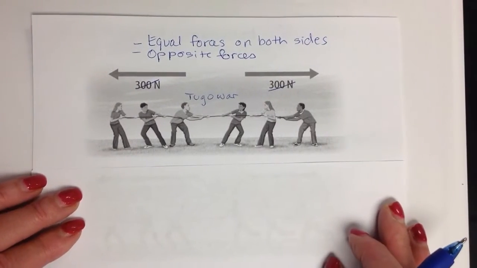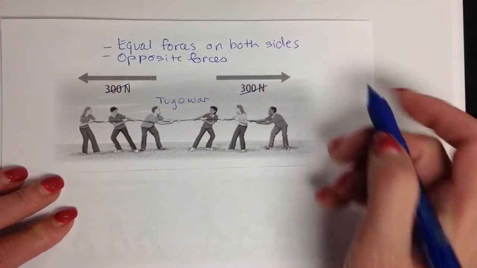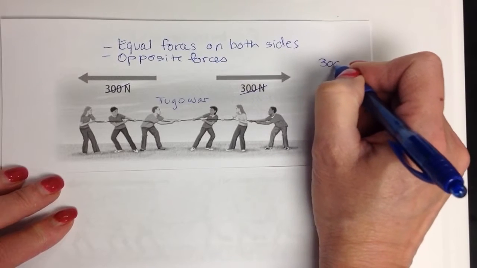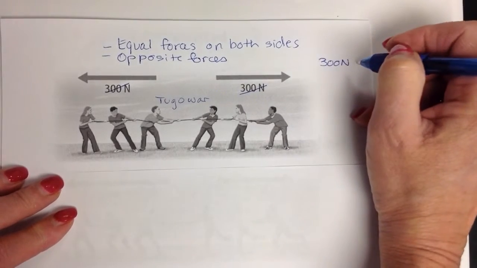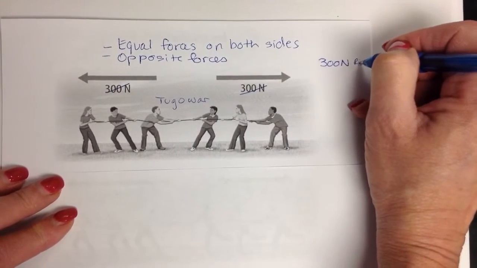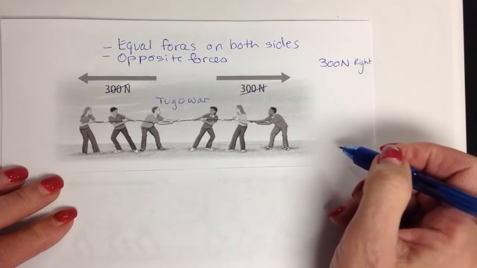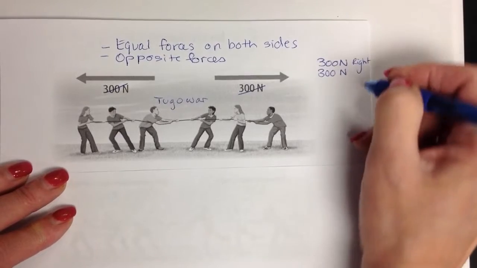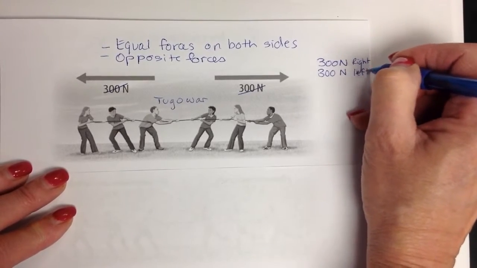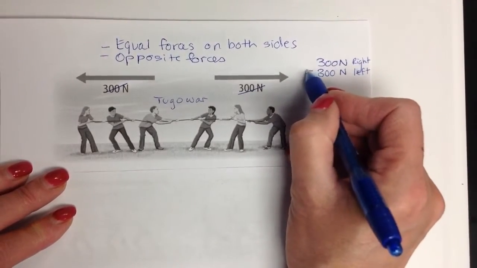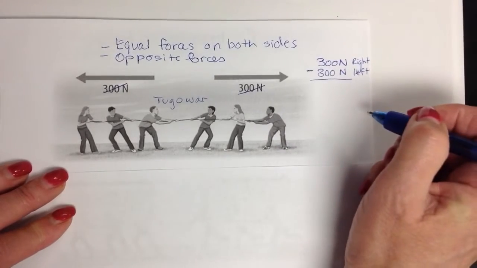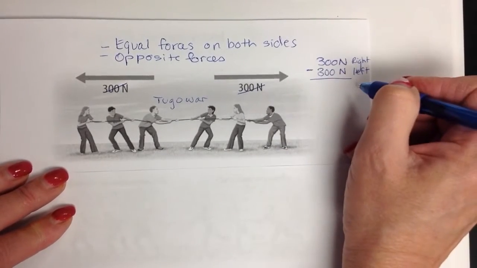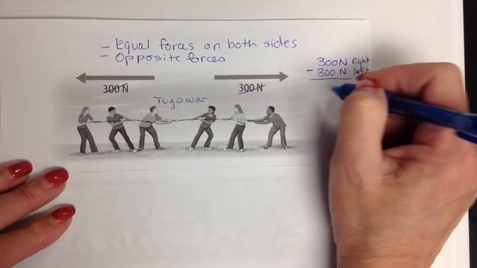If we wanted to calculate, well, what's the net force here? Well, we had 300 newtons to the right, and we had 300 newtons of force to the left. Since they're opposite in direction, we need to subtract. And that leaves us with how many newtons of force?